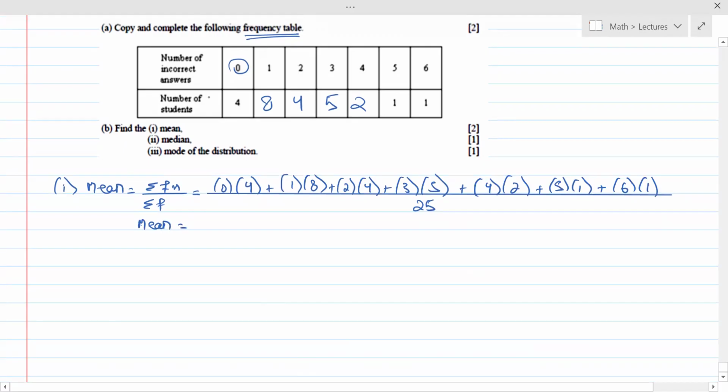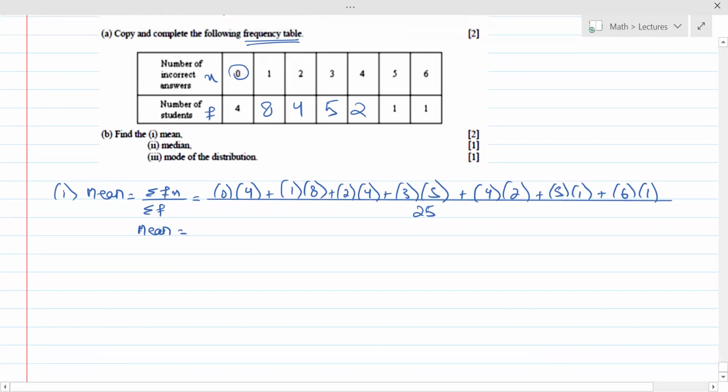We just keep the same in mind that number of students there represents f and number of incorrect answers represents x. Okay, so using the calculator here, we can find this as 0 into 4 plus 8 into 1 plus 2 into 4 plus 3 into 5 plus 4 into 2 plus 5 into 1 plus 6 into 1.